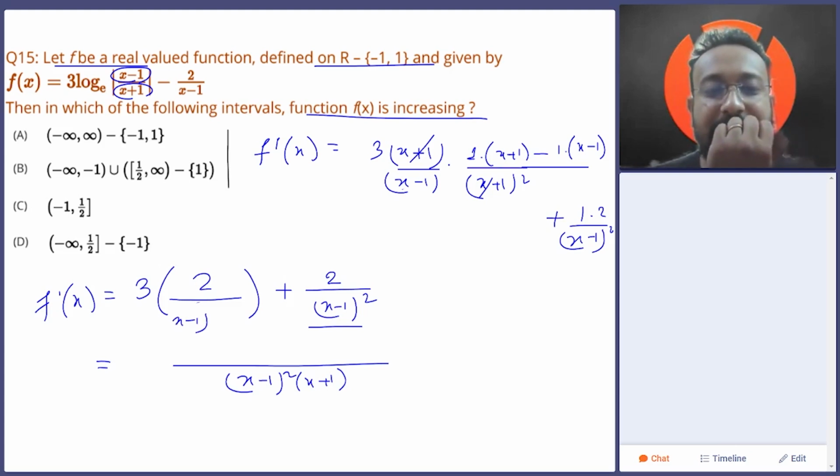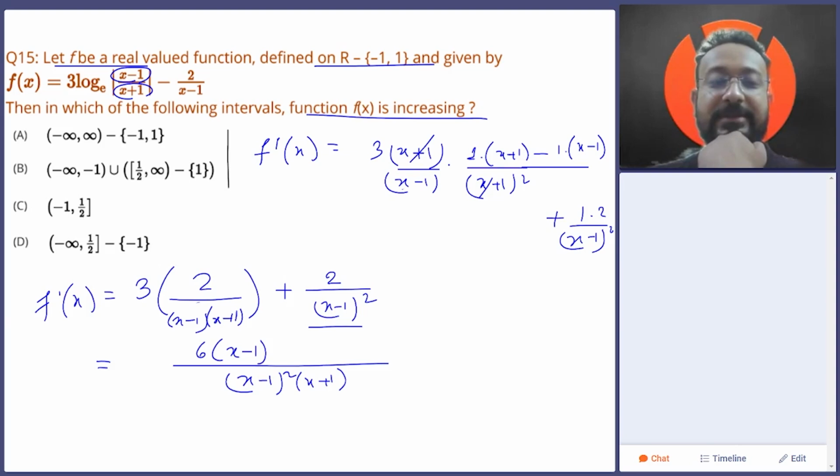So if we take x minus 1 whole square into x plus 1, that will be LCM. So what is left? X plus 1 we have taken, x minus 1 is left. So 3 times x minus 1 will be taken. This is x plus 1.